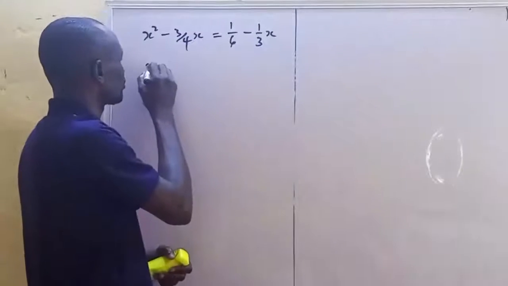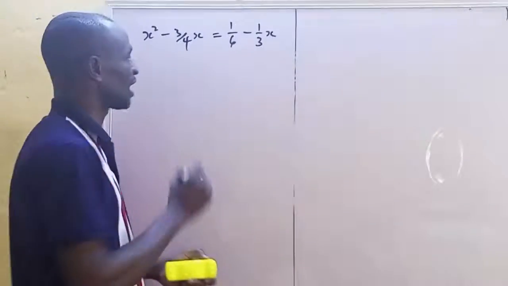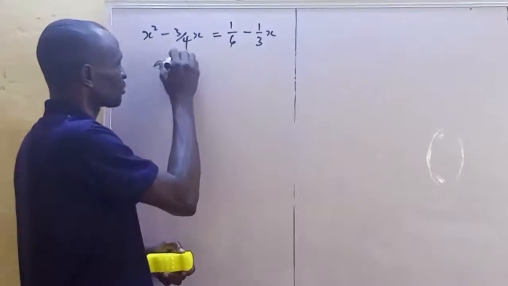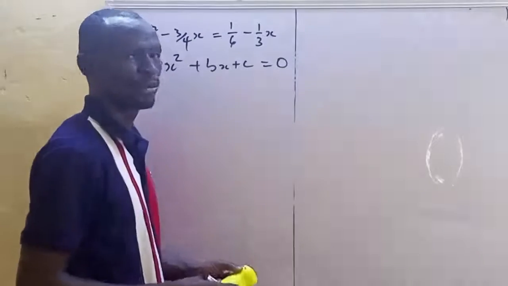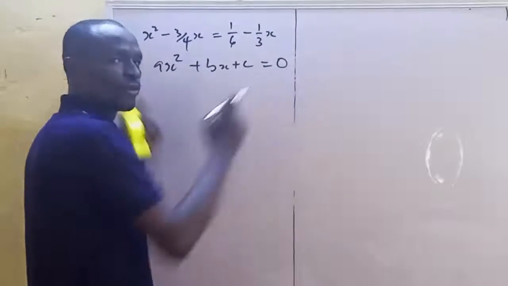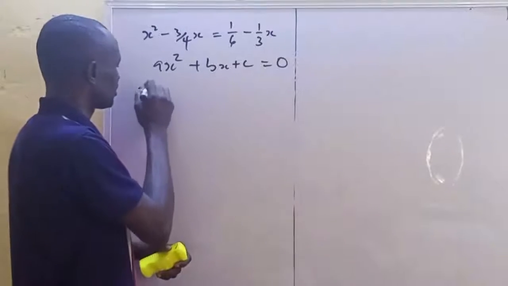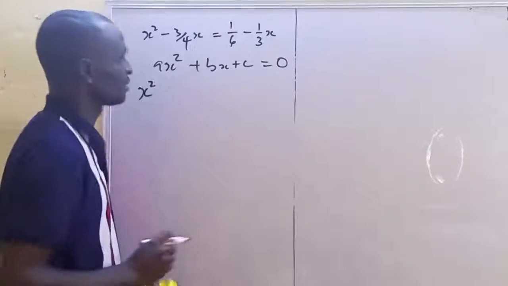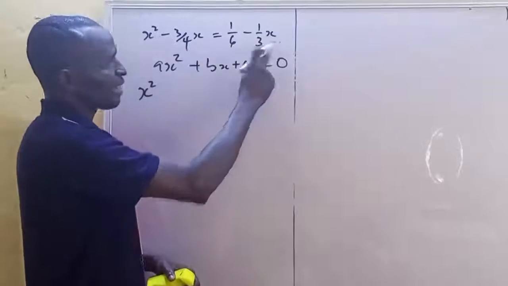Now, here is x squared. Remember that quadratic equations are always of the form ax squared plus bx plus c equals 0. So I'm going to arrange this equation to meet this format. I have my x squared, that's for my ax squared. Now let's look for my bx. I have x here, I have x here.